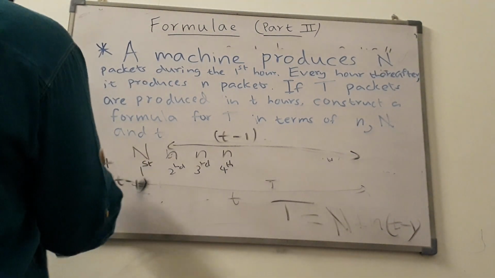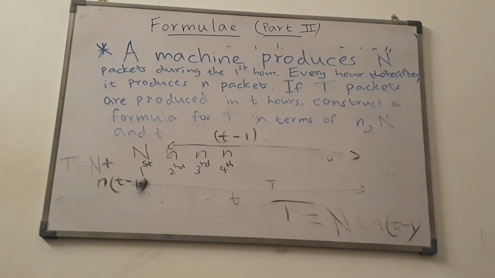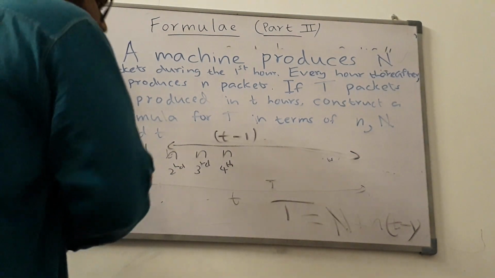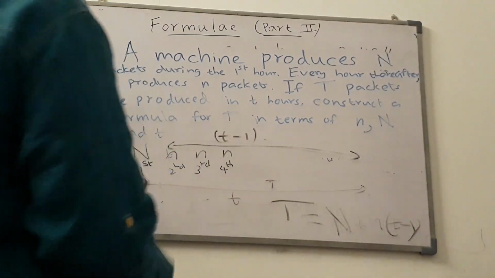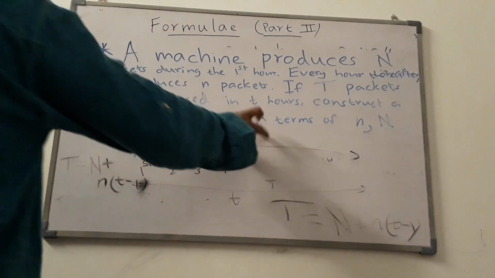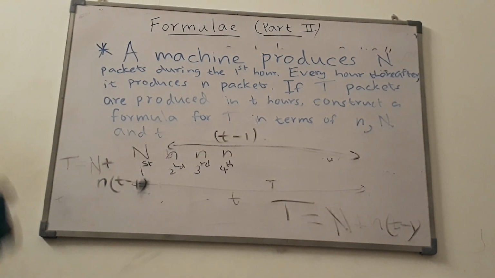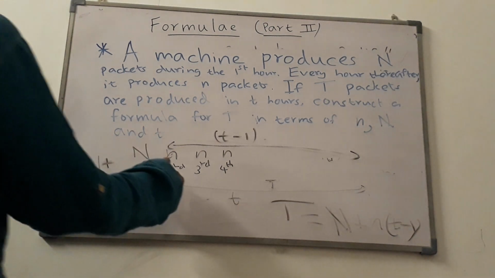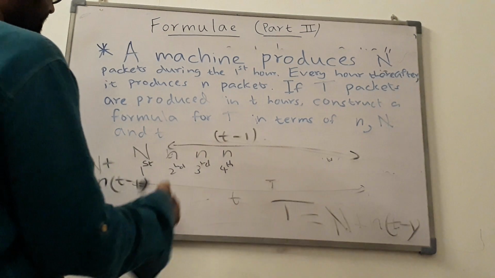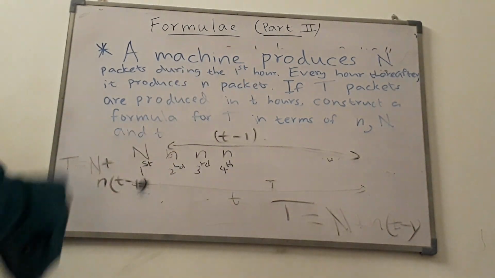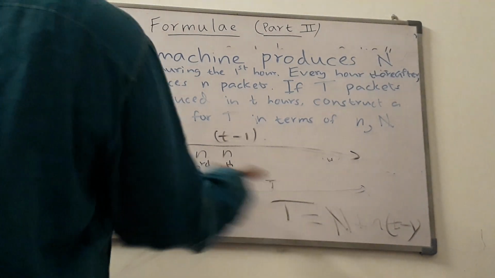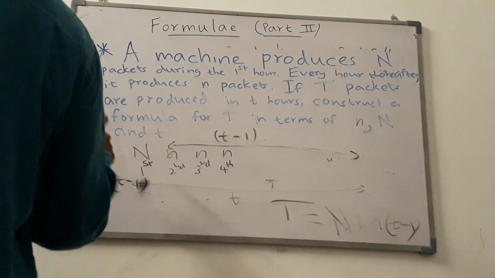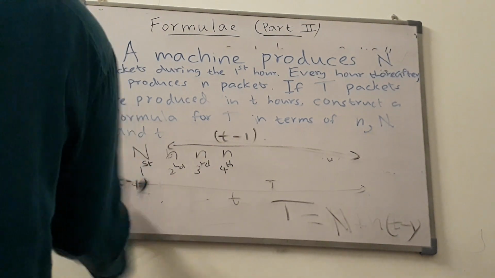First hour the number of packets is capital N. After the first hour, the remaining time is t minus 1 hours. During these t minus 1 hours, n packets were continuously prepared, so it is n times t minus 1. So the answer here is capital T equals N plus n times (t minus 1).